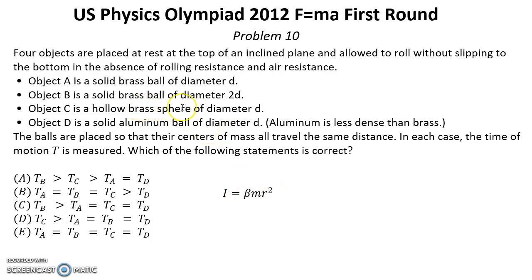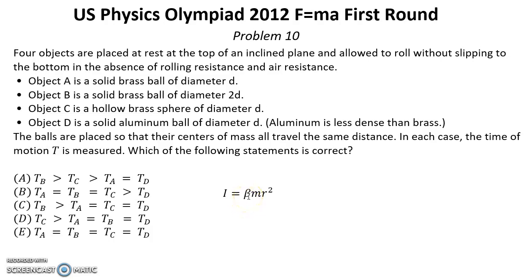For a hollow sphere, beta equals 2/3. For a solid sphere, it equals 2/5. And the result depends only on this beta.